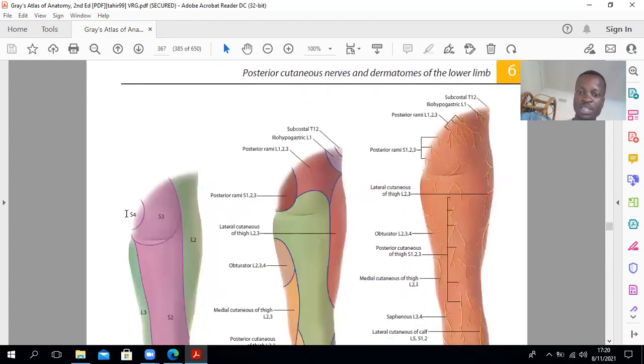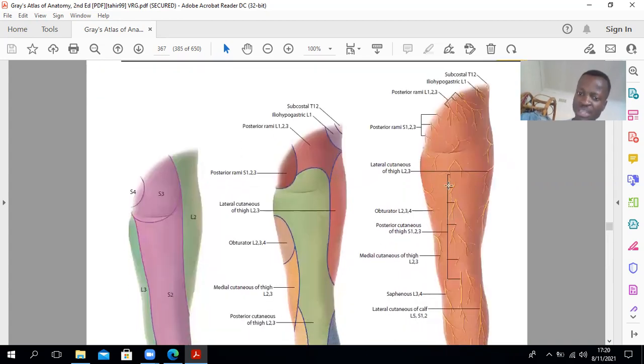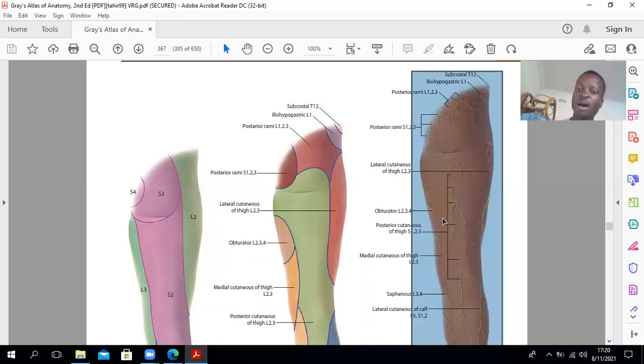Then going a bit posterior, the skin on the posterior aspect of the thigh will be innervated by the posterior cutaneous nerve of the thigh, which in this case will be carrying nerve fibers S1 to S3. And these nerve fibers will also supply the skin of the buttock.